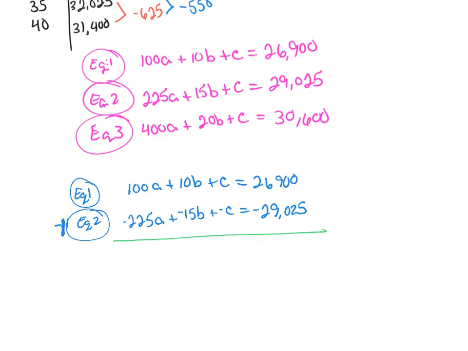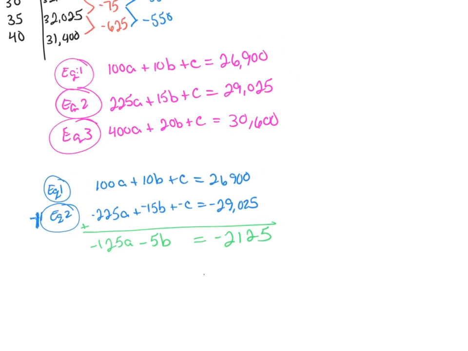I'm going to simplify by adding them. Negative 125a minus 5b, and then c plus negative c is 0, gives you negative 2,125.